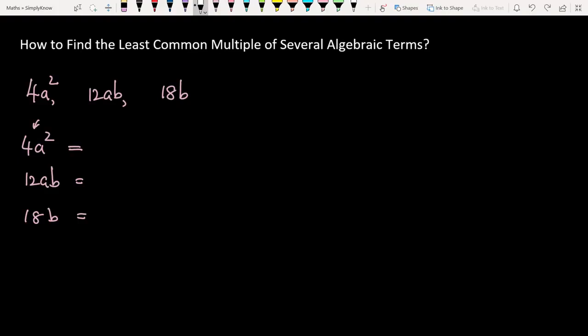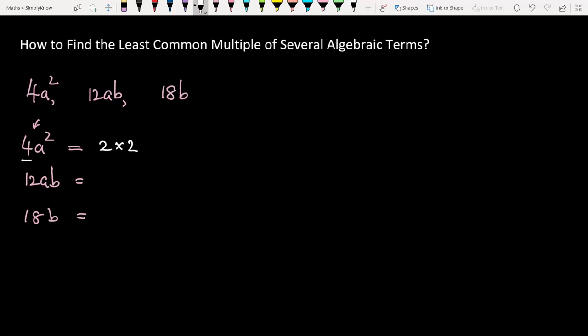In this algebraic term, the coefficient, which is 4, we are going to write as a product of its prime factors. So, how do we write 4 as a product of its prime factors? Hope you can remember it. 2 times 2.